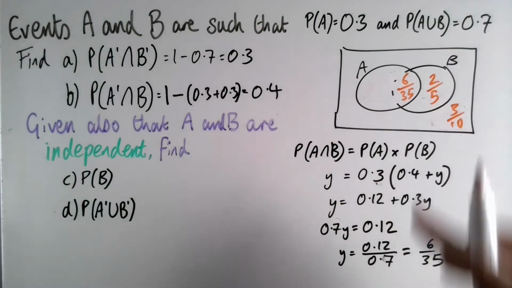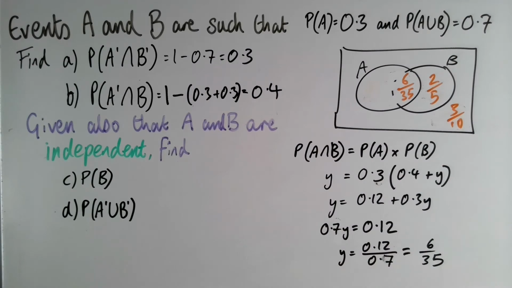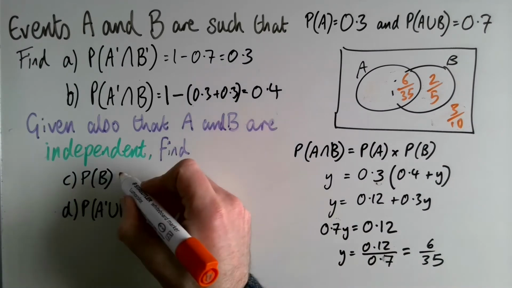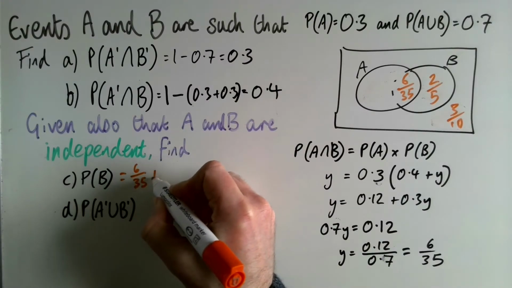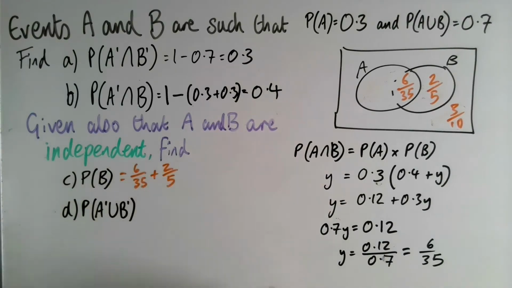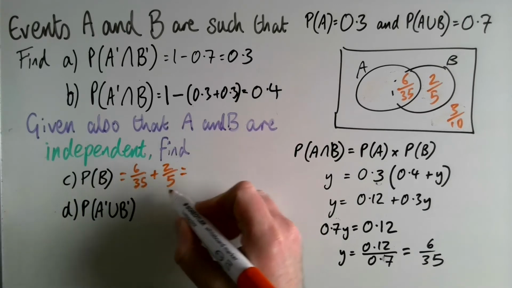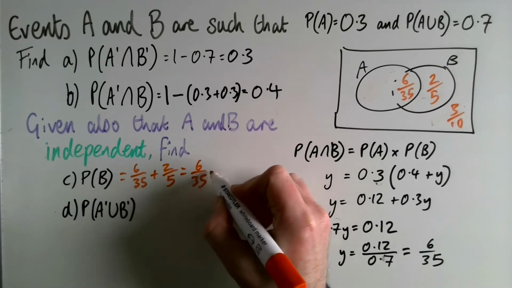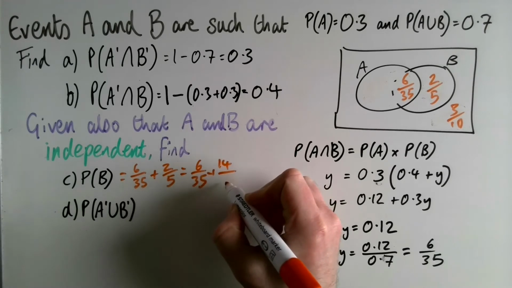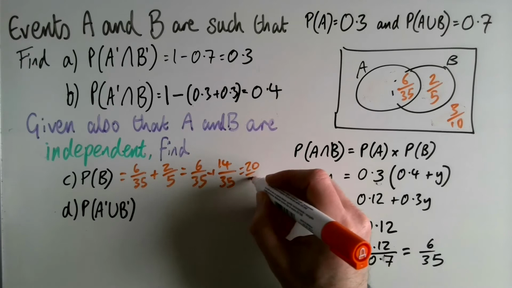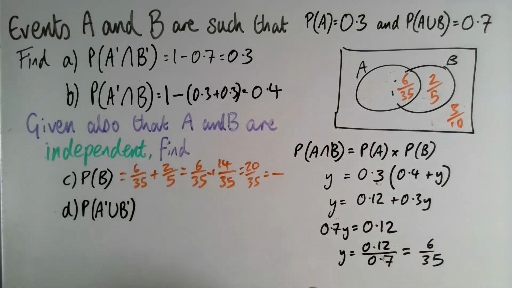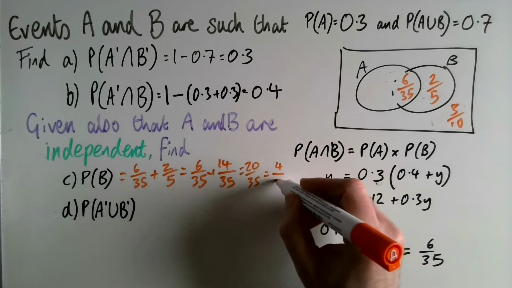Now I know that the probability of B is going to be 6/35 plus 2/5, which is going to be 6/35 plus 14/35, which is 20/35, and that simplifies down to 4/7.